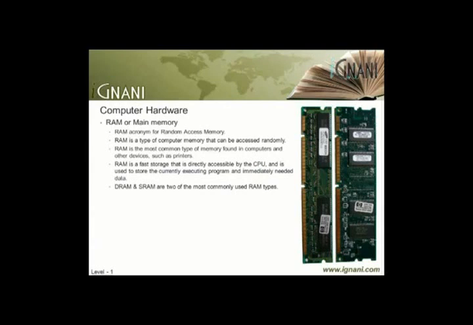Some of the common DRAM modules that are being used are SDRAM, Synchronous Dynamic Random Access Memory, DDR-SDRAM, Double Data Rate Synchronous Dynamic Random Access Memory, RDRAM, Rambus Dynamic Random Access Memory, DDR2-SDRAM, Double Data Rate 2 Synchronous Dynamic Random Access Memory, and DDR3 SDRAM, Double Data Rate 3 Synchronous Dynamic Random Access Memory.